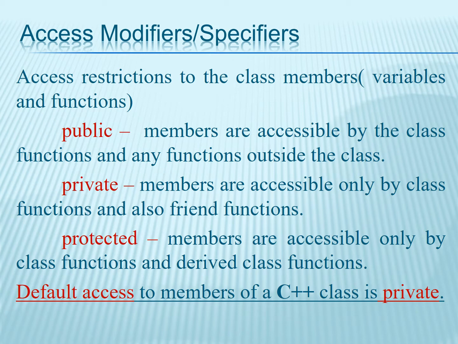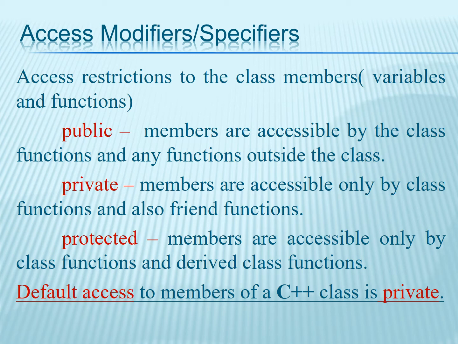If the member function or member variable is declared with the access modifier private, then it is accessible only within the class and also the friend functions of the class.